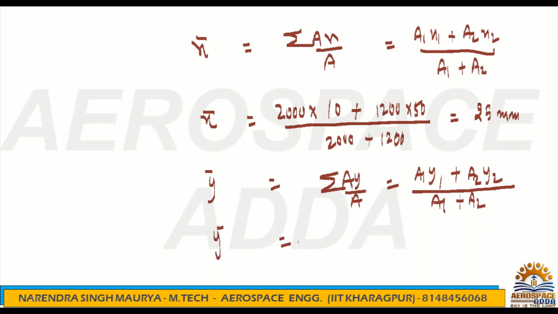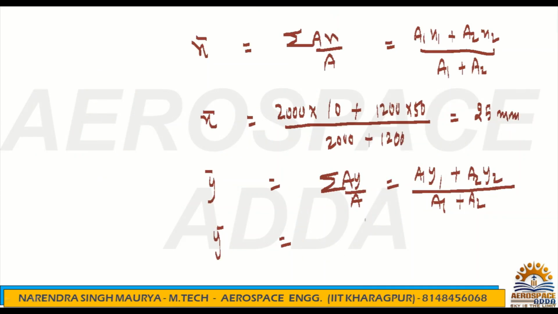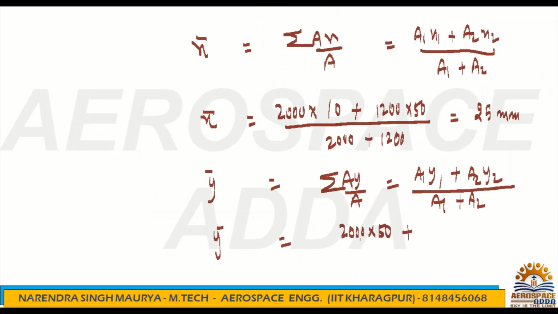What is y bar? a1 y1: a1 is 2000 and y1 is 50, plus a2 y2: a2 is 1200 and y2 is 10, divided by a1 plus a2, which is 2000 plus 1200.